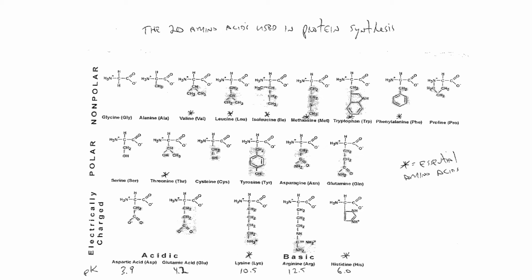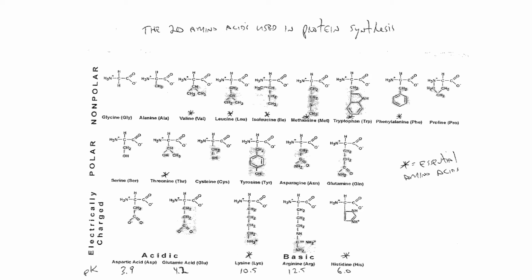Glutamic acid has an R group pK of 4.2, and in a little bit I'll describe that in more detail and it'll make more sense, but just know that these can change their properties as a function of the pH, and thus proteins with these amino acids can change their properties or their function as a function of pH.